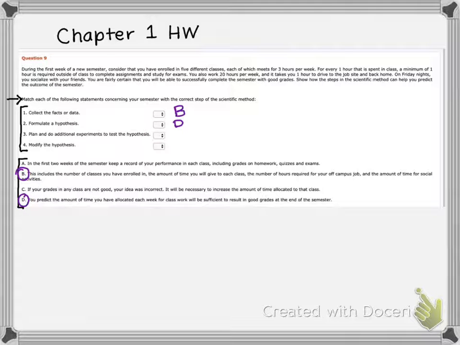When we look at our schedule, we look at what we have to do, the amount of time we're giving to classes should get good grades. And so how do we test that? A or C, which one is saying that we're testing it? I think it's A. How would we test it? The first 2 weeks of the semester, we could keep a record of our performance. Are we turning assignments in on time?